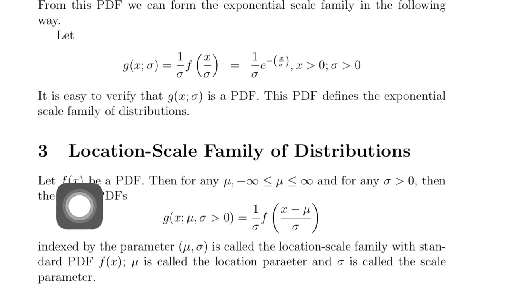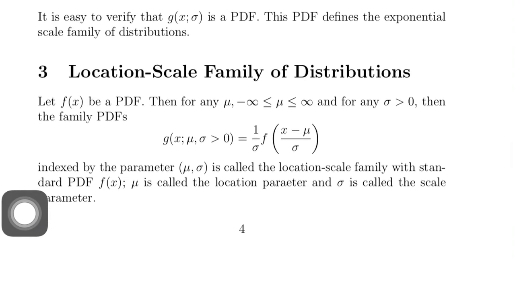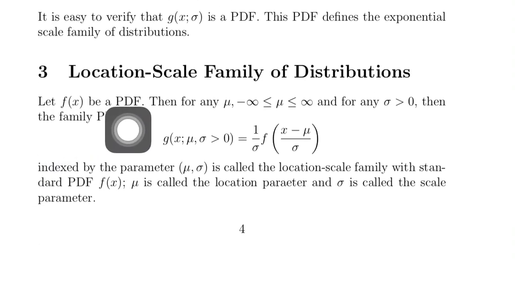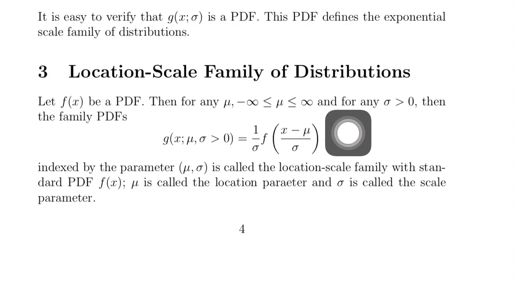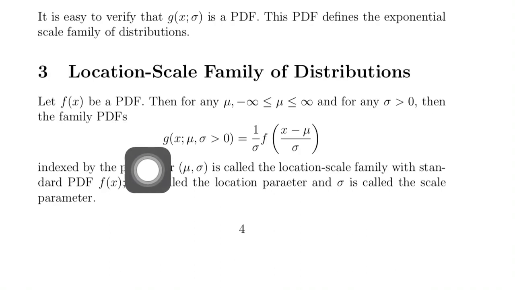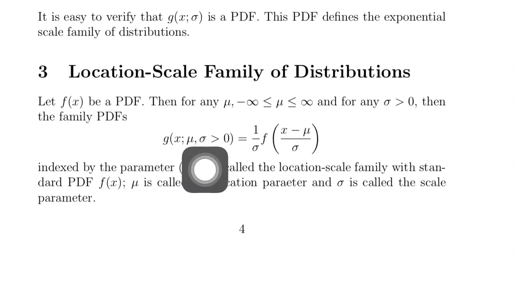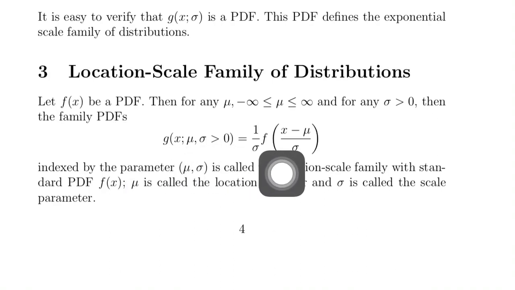And the definition is very straightforward. Let f of x be a PDF, then for any mu lies between minus infinity and infinity, and for any sigma greater than 0, then the family of PDFs g of x mu sigma, that is equal to 1 by sigma into f of x minus mu by sigma.